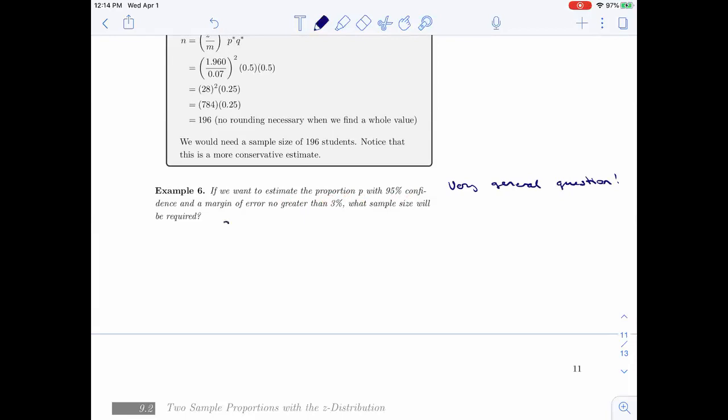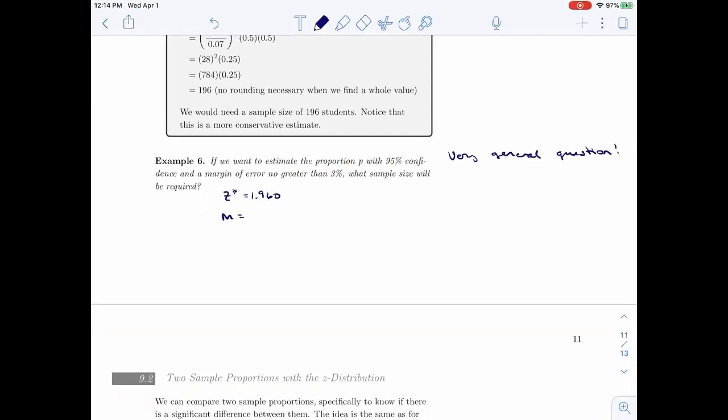For 95% confidence, I know Z star is 1.960. You can use the t-table to confirm. And I want a margin of error no greater than 3%, which is 0.03. Then we want to find n. I'm going to use P star as 0.5 because no information is given.